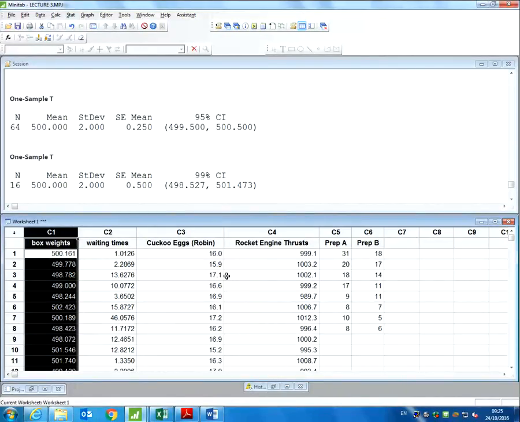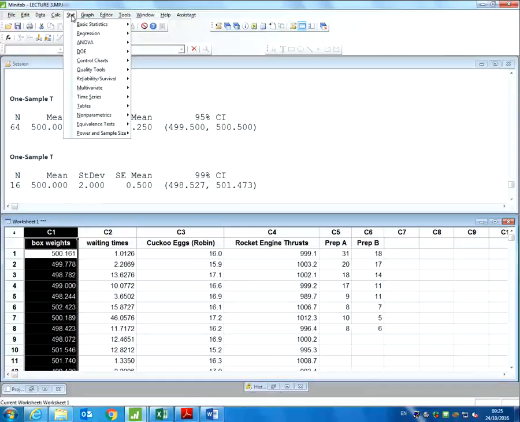HA: mu doesn't equal 499 grams. Right, so I'm just going to use the same command as before.